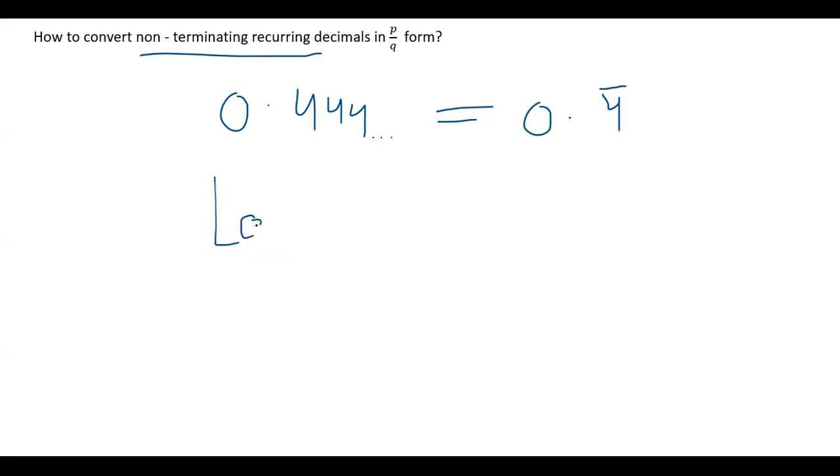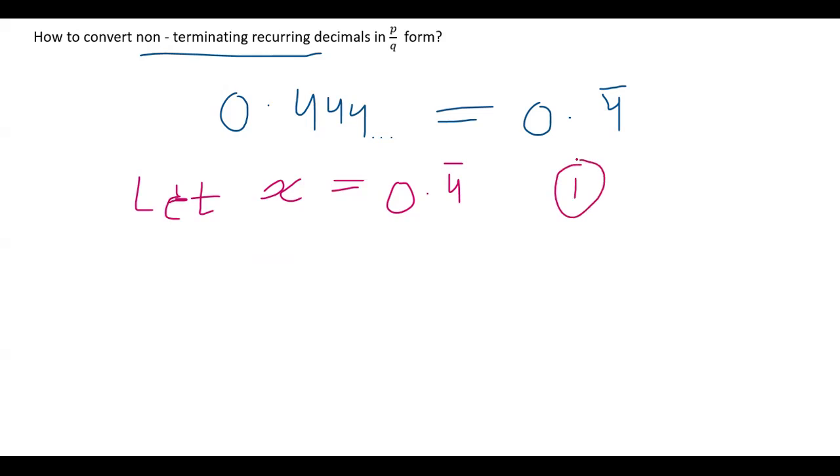Let this number be x. Let x equal 0.4 bar. We can mark it as 1.